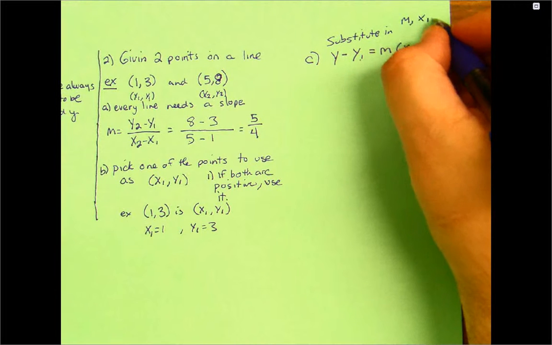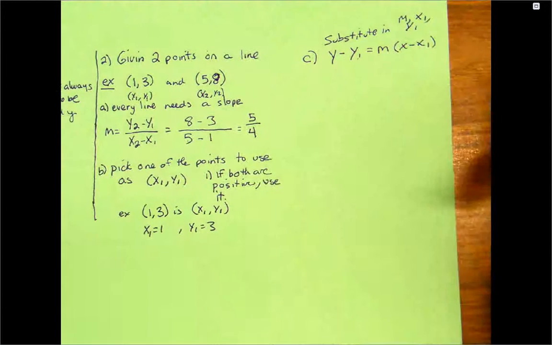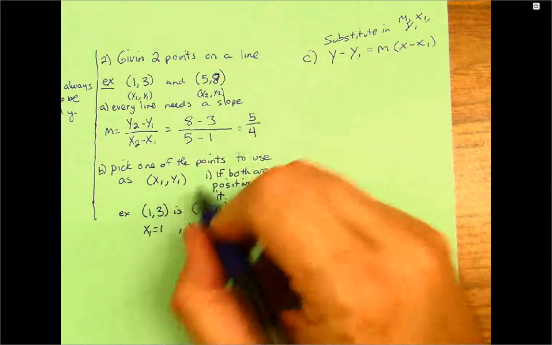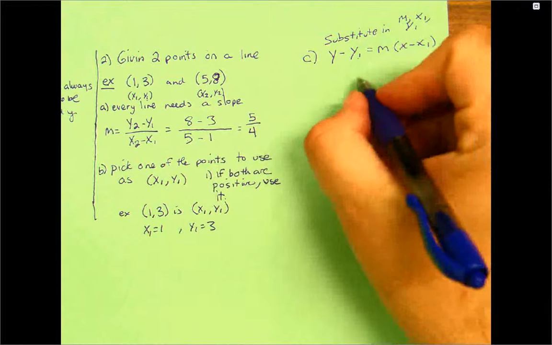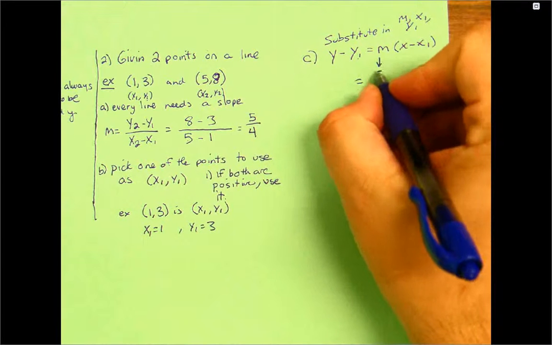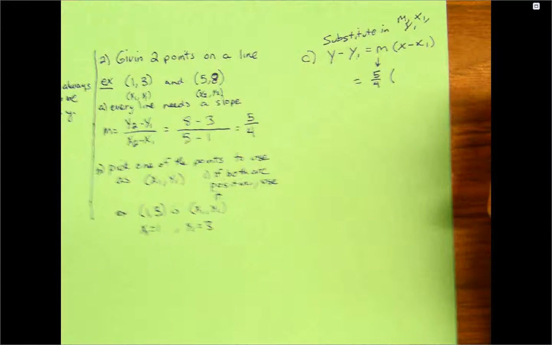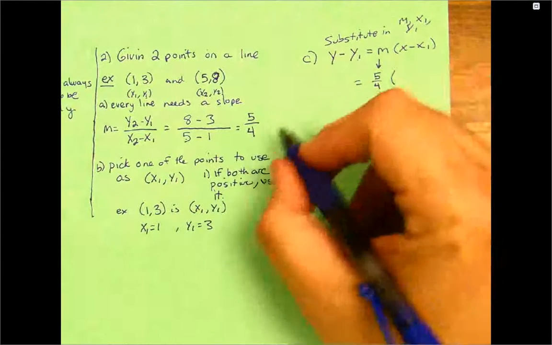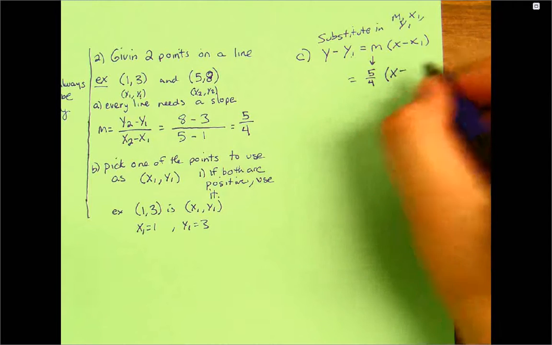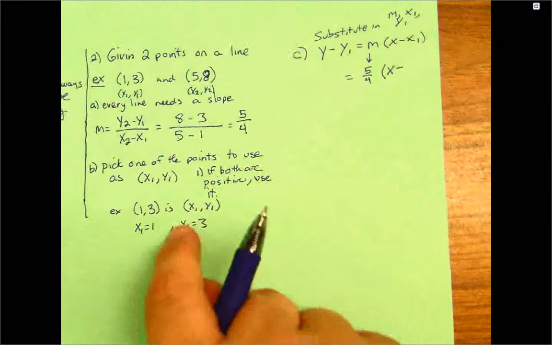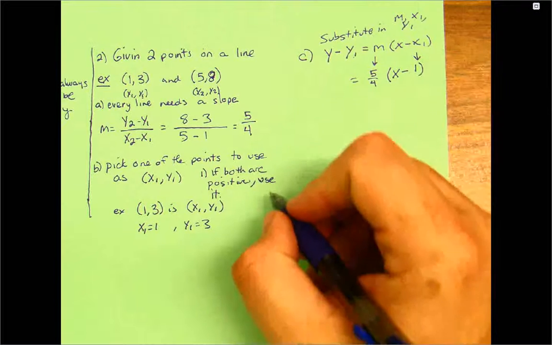So my m, I know, is 5/4. So I know this guy right here is going to be 5/4, which is no fun. Now the nice thing is when you have a positive value, you could just say, all right, that's a 1. I could just put a 1 in there. And for my y sub 1, I know y sub 1 is 3, so that guy goes in there, and there's my y.